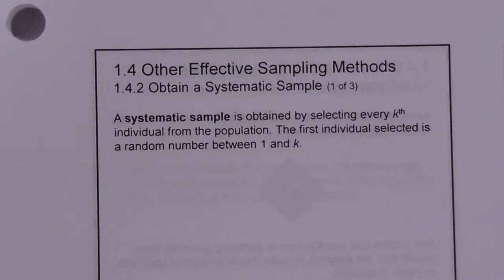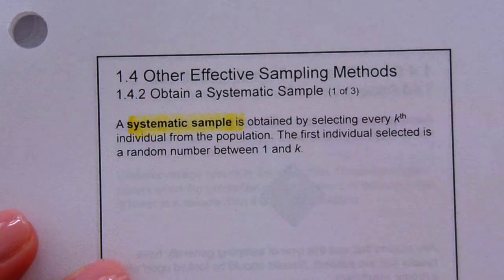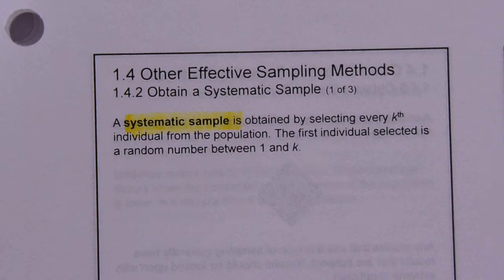All right. Let's look at a systematic sample. Another way of obtaining a sample is a systematic sample, and in that type of sampling selection, you select every kth individual from a population, and the first individual is selected from a random number between 1 and k. For example, maybe you go to a concert and you don't want to interview every single person that comes in.